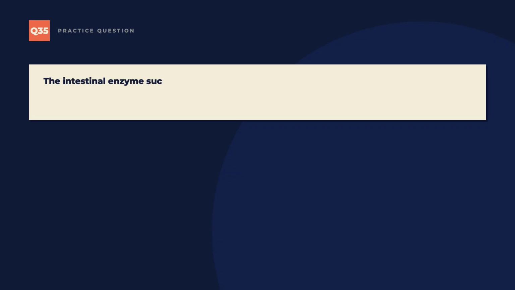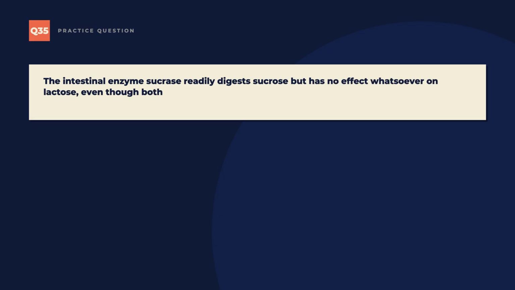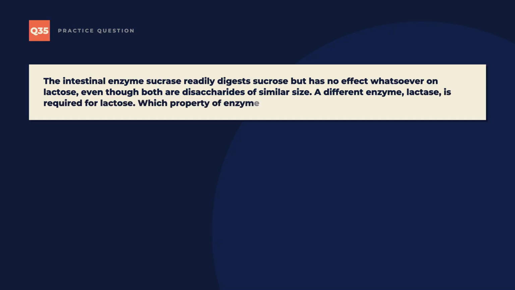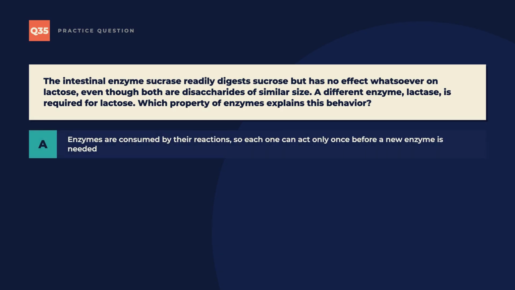Question 35. The intestinal enzyme sucrase readily digests sucrose but has no effect whatsoever on lactose, even though both are disaccharides of similar size. A different enzyme, lactase, is required for lactose. Which property of enzymes explains this behavior? Your options are: A. Enzymes are consumed by their reactions, so each one can act only once before a new enzyme is needed.